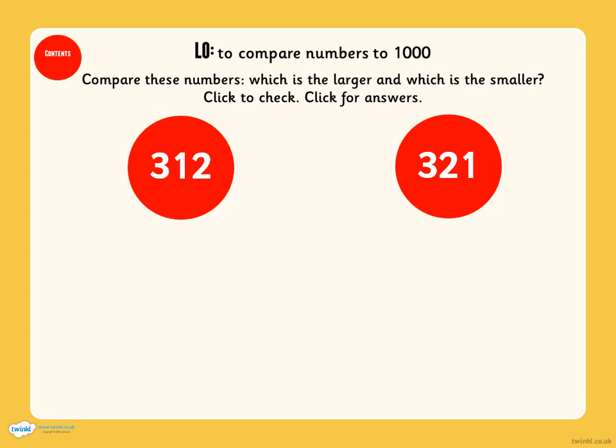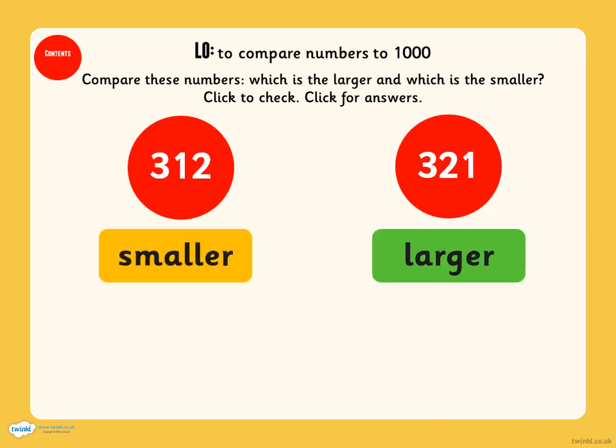We know that they've both got a 3 in their hundreds place, so we need to look at the tens place to see which one is the smaller and which is the larger number. 312 has the 1 in the tens place, so that's going to be our lower number, and 321 has a 2, so it's our higher number. Okay, so let's check that we're right. Correct, 312 is smaller and 321 is larger.